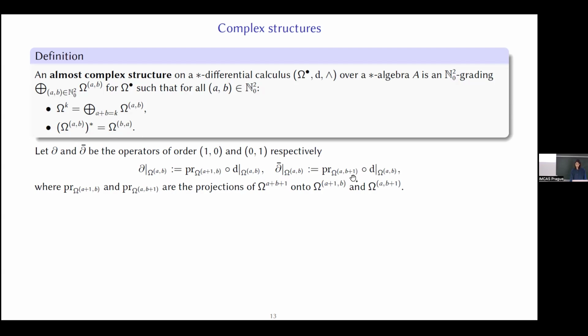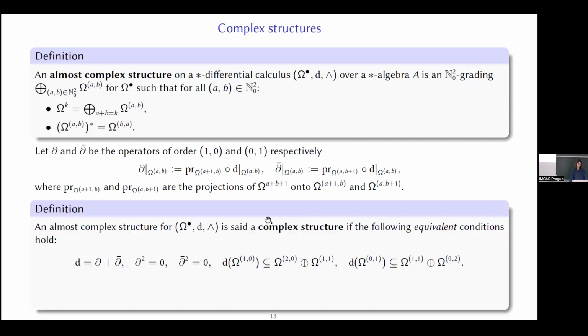And here you do the same, but you project to the (a,b+1)-forms. And the definition of a complex structure for a star differential calculus which has an almost complex structure is that the total differential exactly splits into these two operators, partial and bar partial.